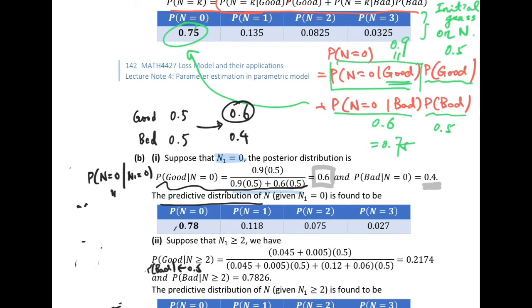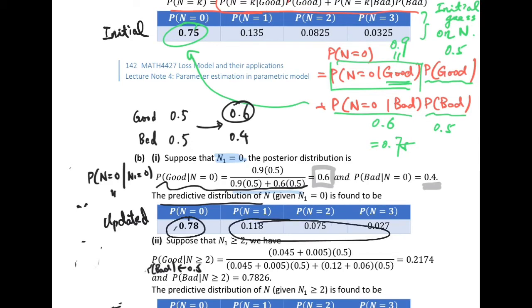Remember this is your initial guess, and this is your updated one. Because the insurance company thinks that it is a good driver, it has more tendency to believe that it will cause no accident, with smaller probability of causing trouble. See that?